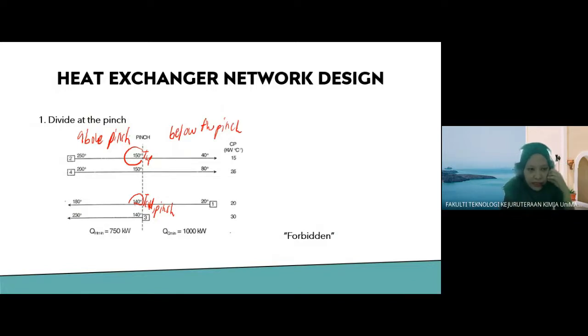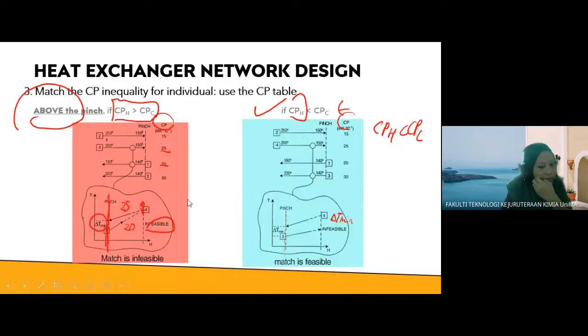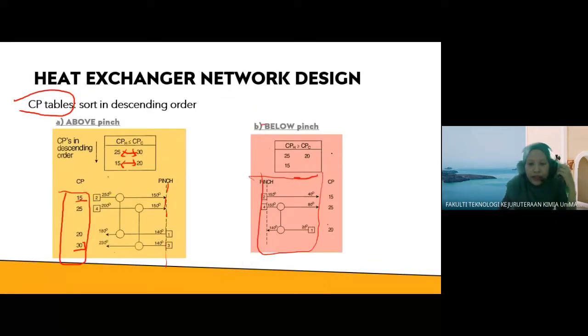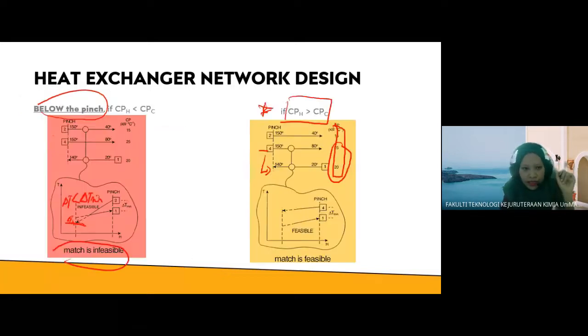So at this area below the pinch, you only have 3 streams, right? Below the pinch, you only have stream 2, 4 and 1.